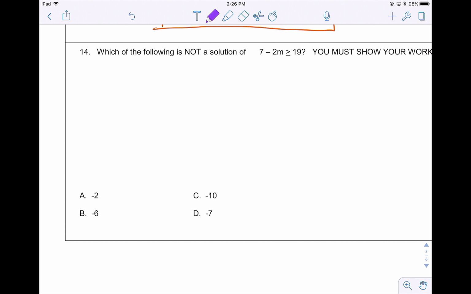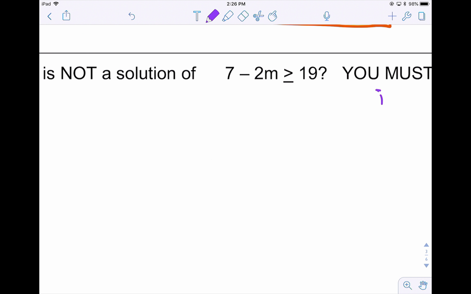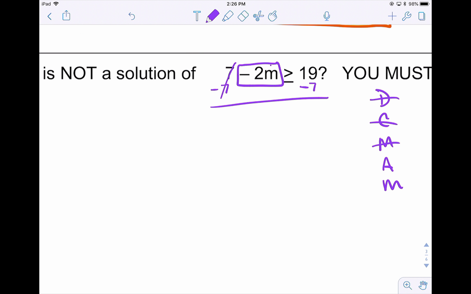Problem 14 asks us which of the following is not a solution of 7 minus 2M is greater than or equal to 19. We must show work. So the first thing I'm going to do is solve with my don't call me after midnight. So I am looking at M. I don't need to distribute because there's not parentheses. I don't need to combine like terms. I only have one variable, so I don't need to move. I need to add or subtract that 7. The 7 is positive, so I take it away by subtracting.